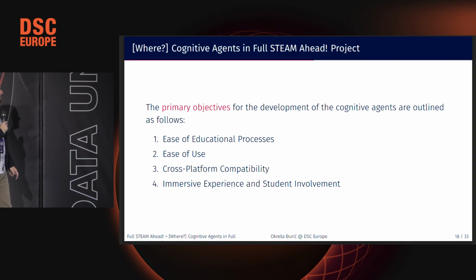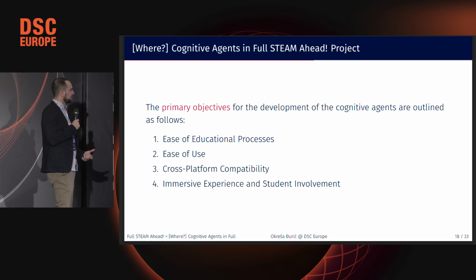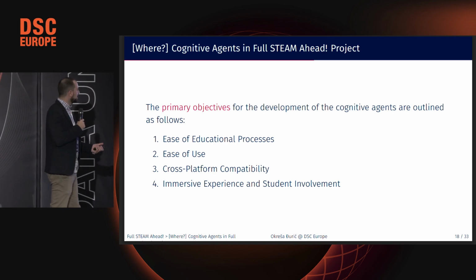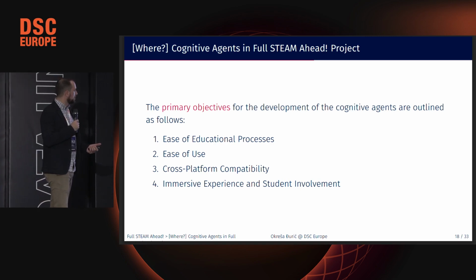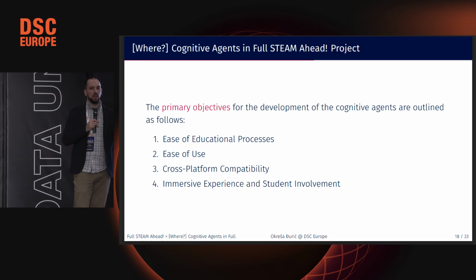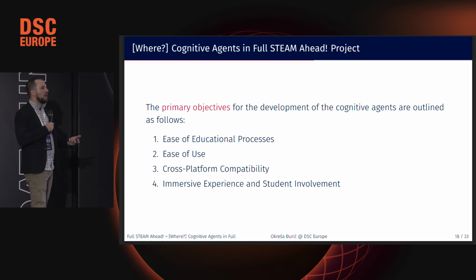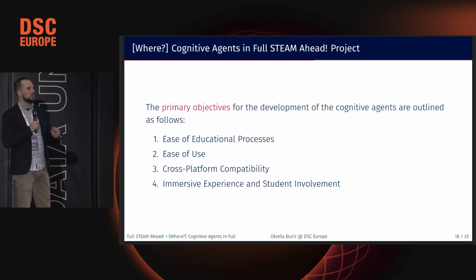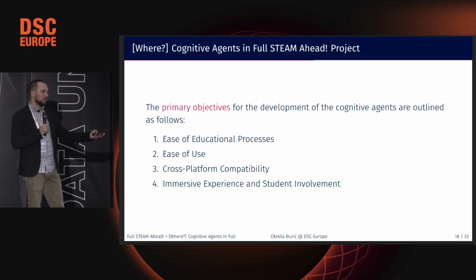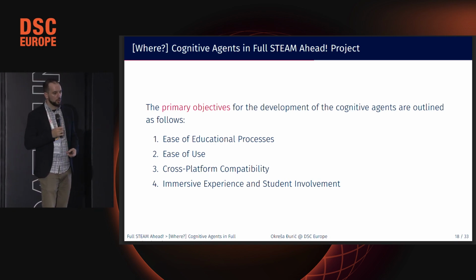So the primary objectives for developing these agents are ease of educational processes, because having such an agent allows our students to go through some of the contents back home as well. Going through those in the classroom is fine, but if they want to rehearse something, they can do that at home as well.